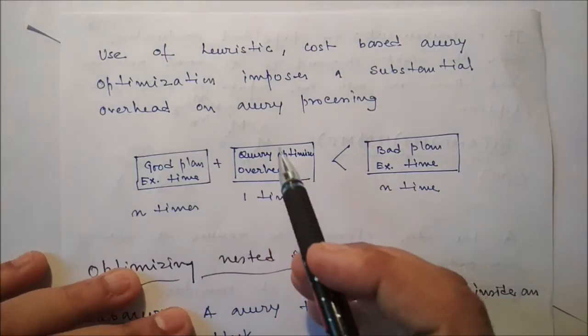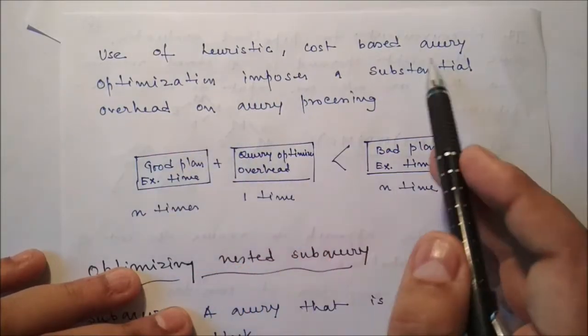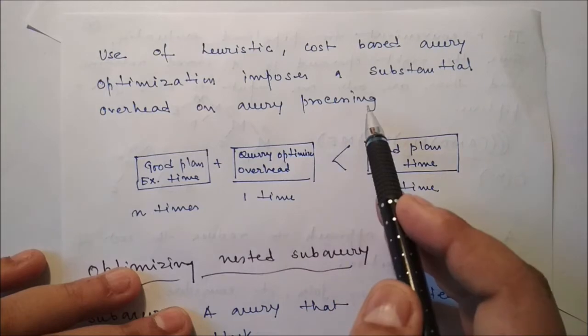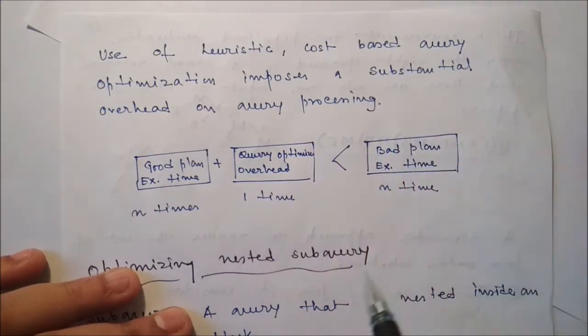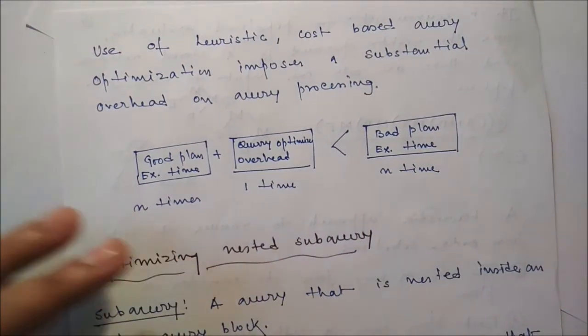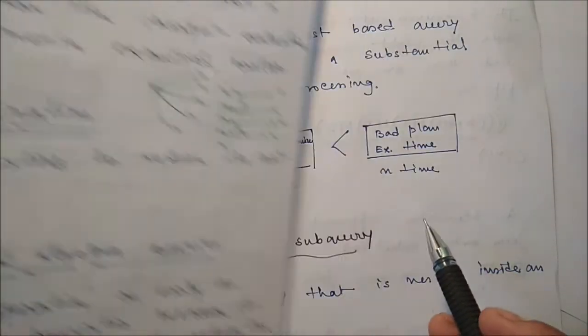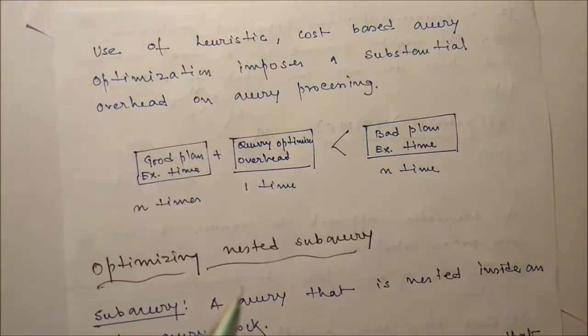Now the use of heuristic or cost-based query optimization imposes a substantial overhead on query processing because we have to calculate the cost. So various plans are there. You have to calculate the cost of each and every operation.